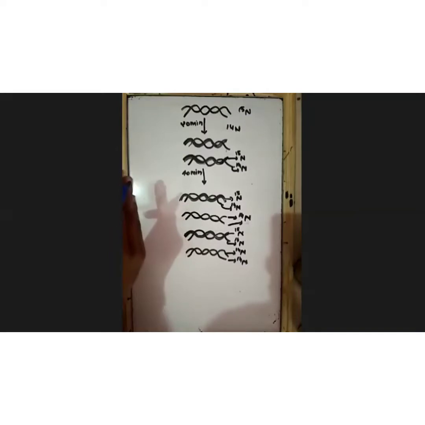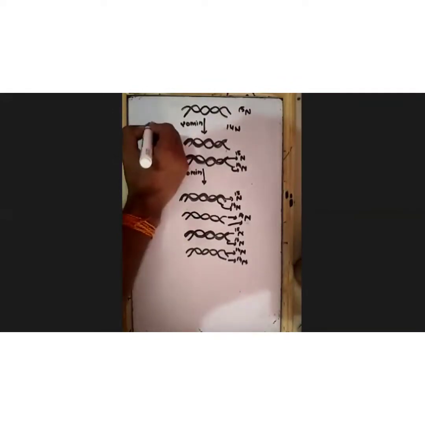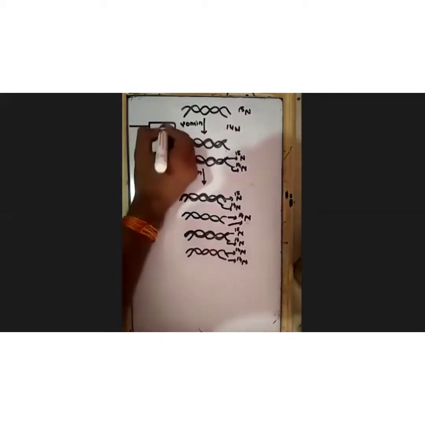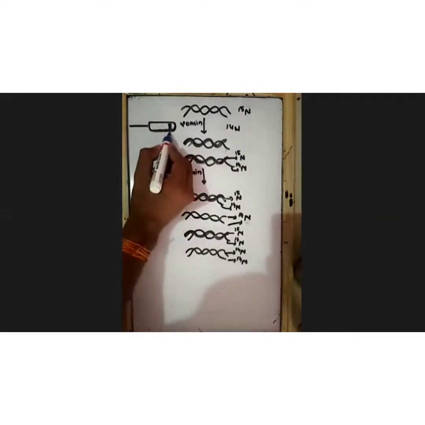After centrifugation, in the first step, he got a band here in this tube. This band is for the N15 and N15.